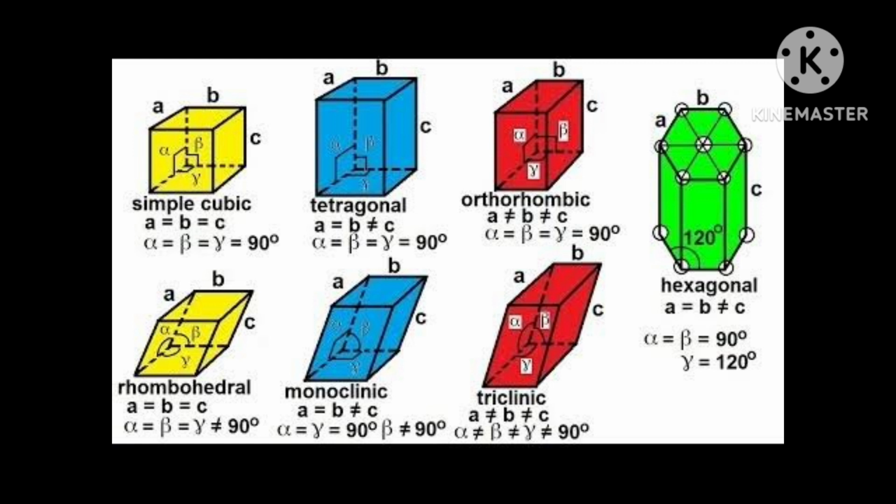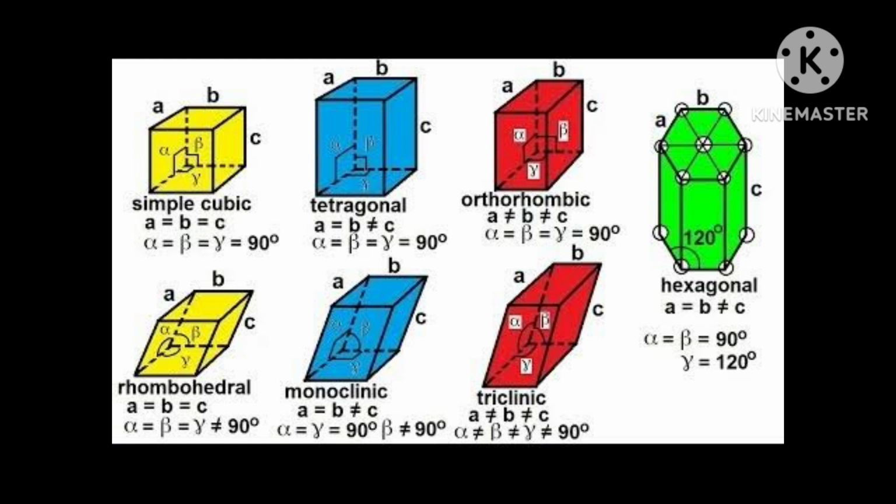If all corners are occupied in any structure, that is called a primitive unit cell. The structures are different, 7 structures, whose names I already told. All are called primitive unit cell.